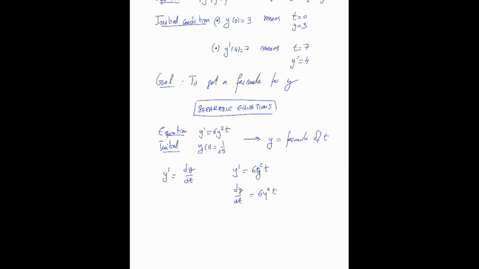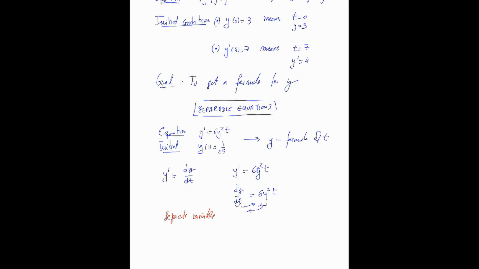Now, in this type of equation, we're going to use a technique, which is the separation of variables, which means separate variables. Everything that has y goes to one place, and everything that has t goes to the other place. Here we go. We move the dt to the other side, and the y squared to this side here.